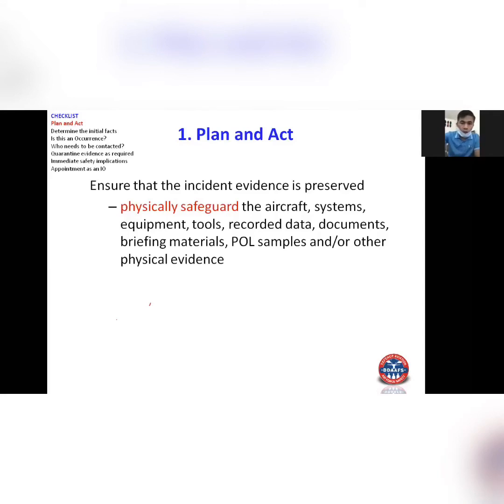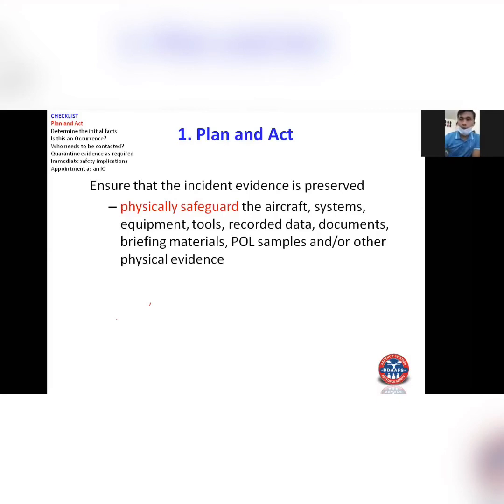So, maglalagay agad tayo ng safety cordon para walang lumapit. Baka kasi i-recover yung mga recoverable items just like the AVSR or video recorder, yung tinatawag nating black box. And then, yung aircraft mismo na nandoon sa kung saan man siya is magagamit natin for further investigation.